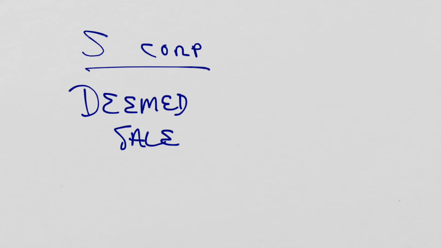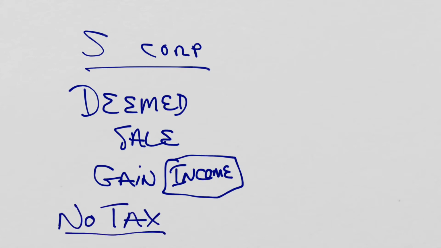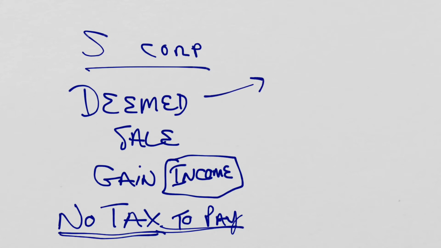The deemed sale causes you to have gain at the corporation, hence income, but there's no tax to pay here because it's not a taxed entity. No tax to pay. At least not at the corporation. Yes, there's a deemed sale on the liquidation to the shareholder.